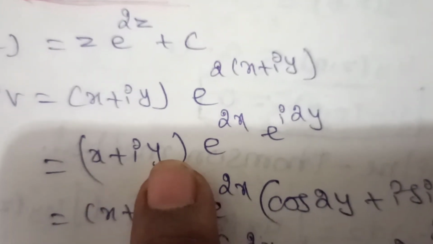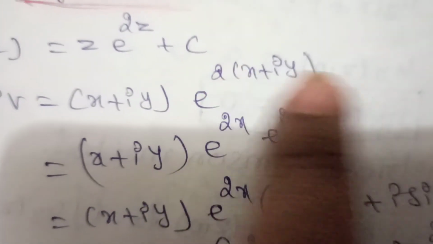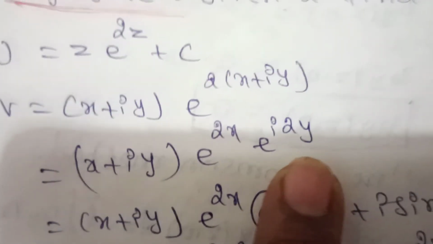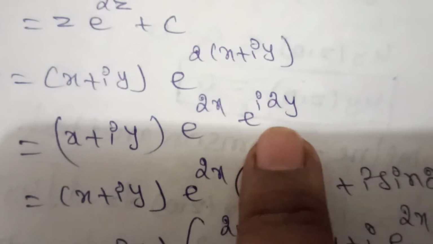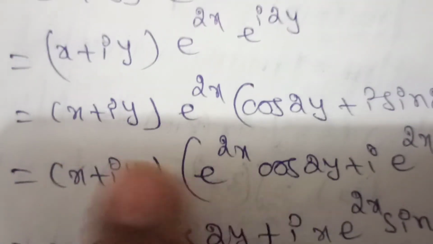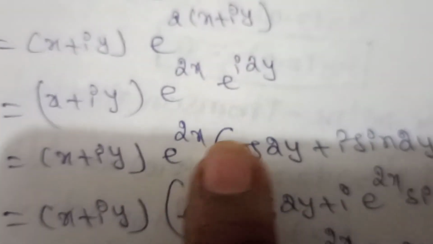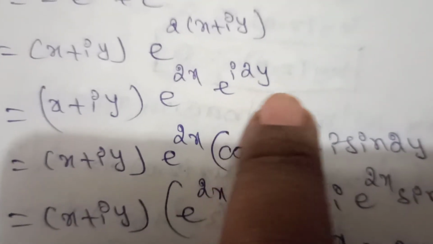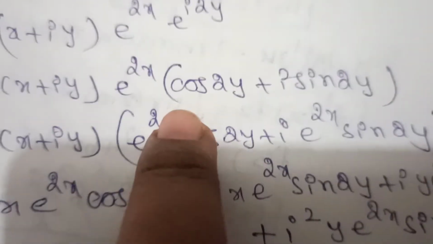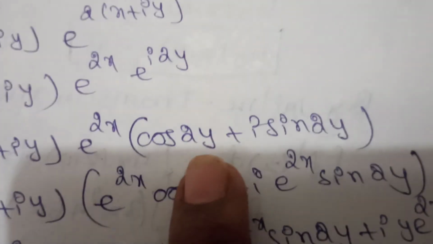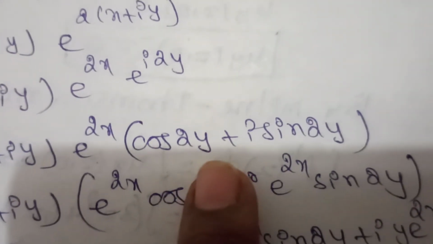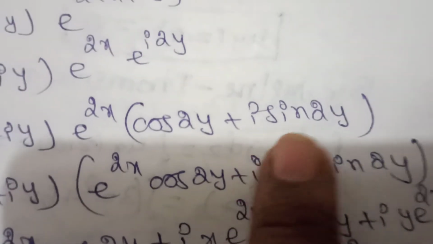That is x plus iy into e power of, multiplying this value and separating, we can write e power of 2x into e power of i 2y. Here, using the e power of i theta formula, e power of i 2y can be written as cos 2y plus i sin 2y.